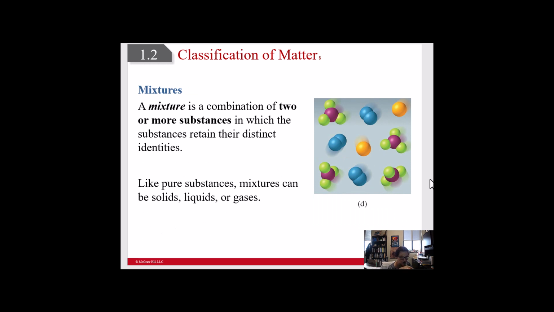So a mixture is a combination of two or more substances, so they could be elements or they could be compounds, in which the substances retain their identities. So notice in this example, I have different things in this mixture, but they're not combining chemically to become something else. They're still maintaining their own distinct identity. So like pure substances, mixtures can also be solids, liquids, or gases, okay?